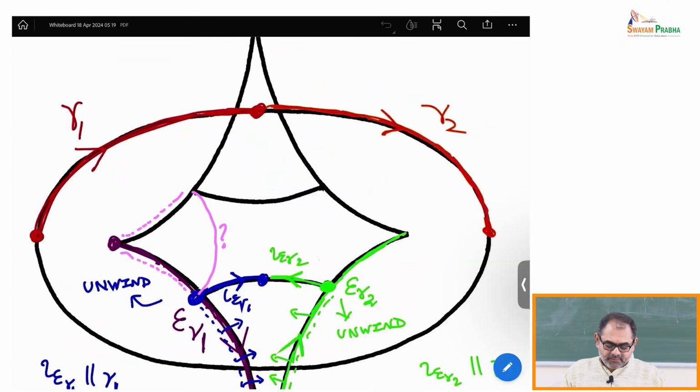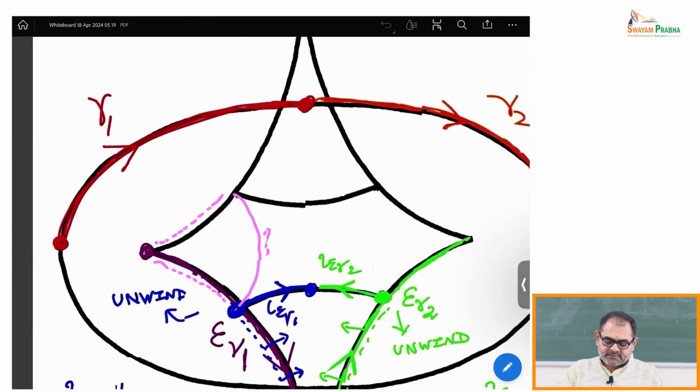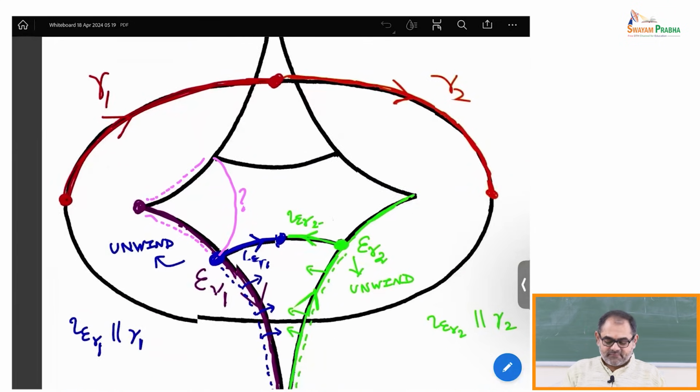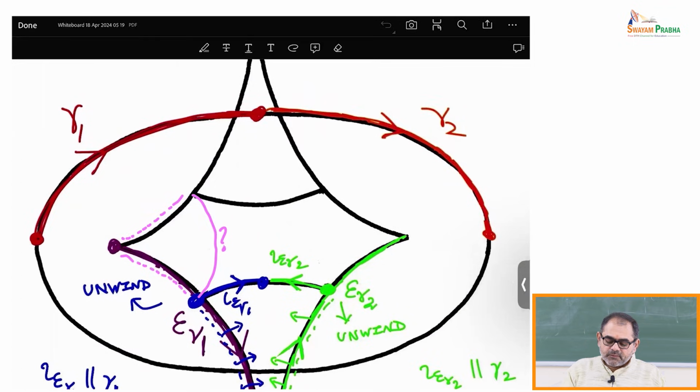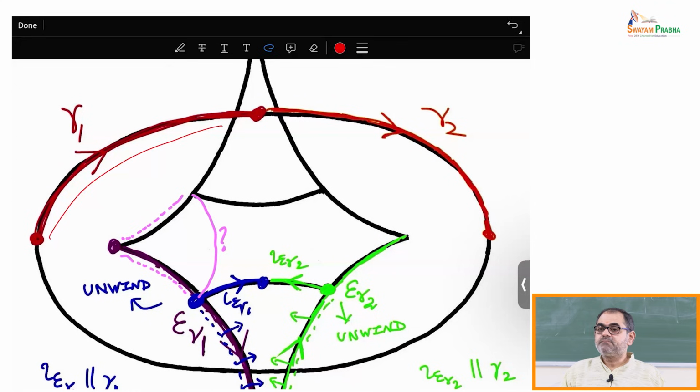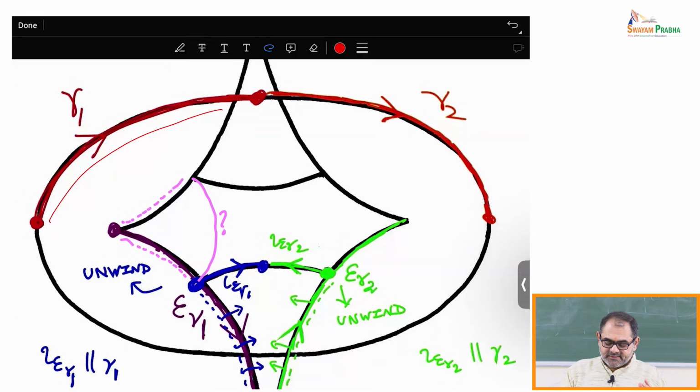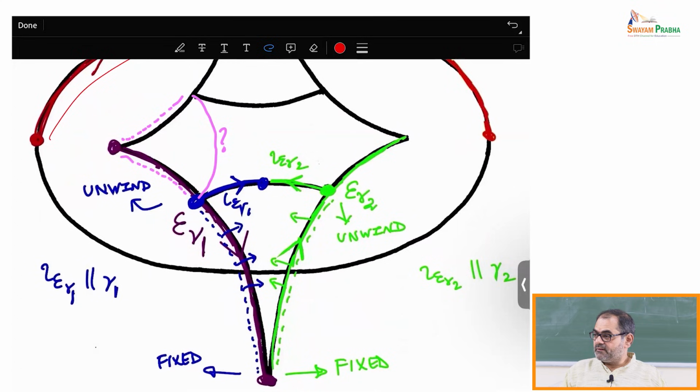You see, we look at this picture where you have an ellipse, and I am taking this red portion of the ellipse. If I draw the evolute of that, then I will get this purple curve.